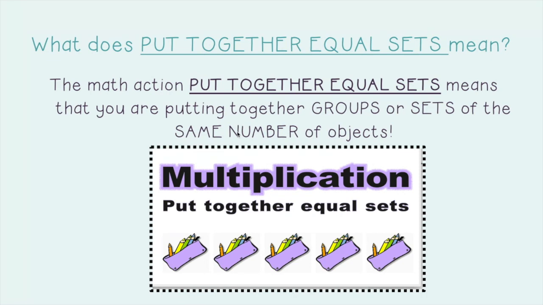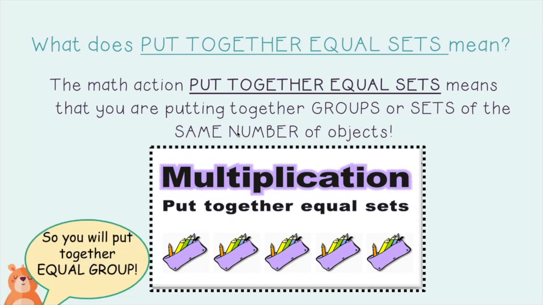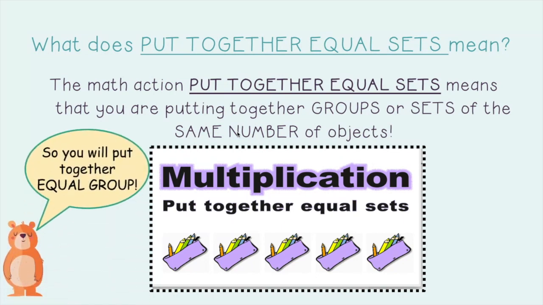There are 5 groups or pouches in this picture, and the number of objects would be the color pencils. So I can see that there are 5 groups, and there are 4 in each group. So we are multiplying, or adding, or putting together the same number, which is 4, 5 times. So you will put together equal groups.